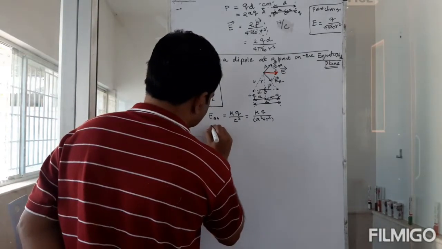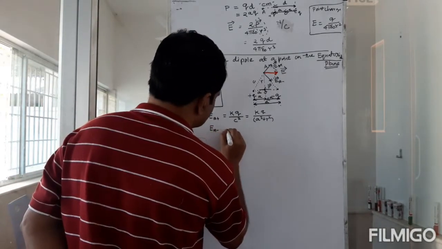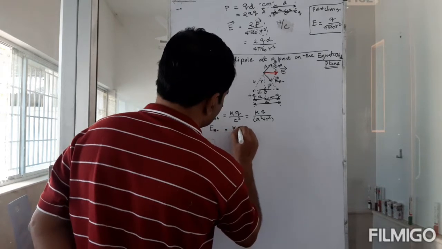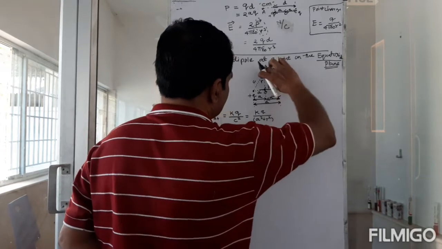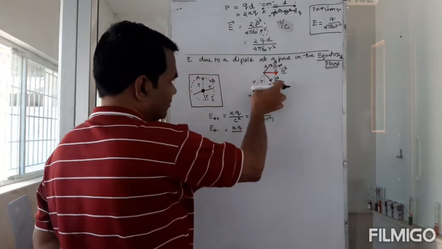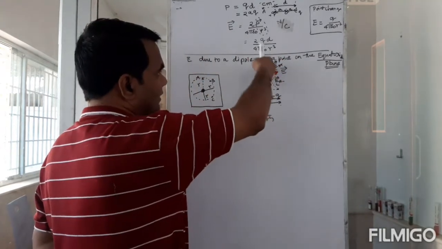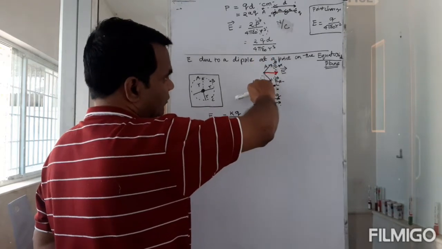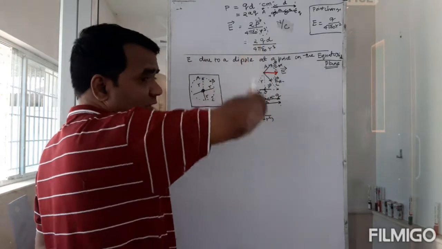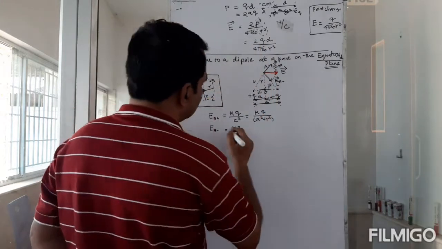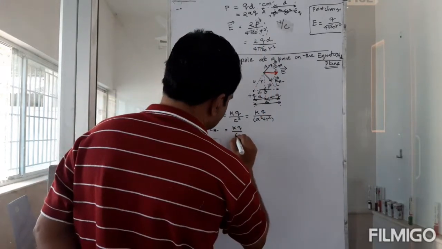EA minus is also equal to KQ by C squared, because this point is equidistant from this point and this point, since it's on the center. So again KQ by C squared.